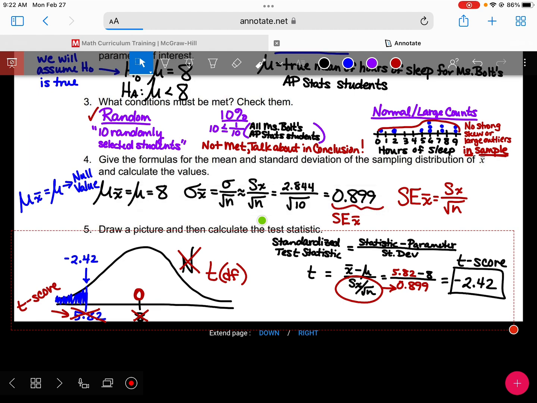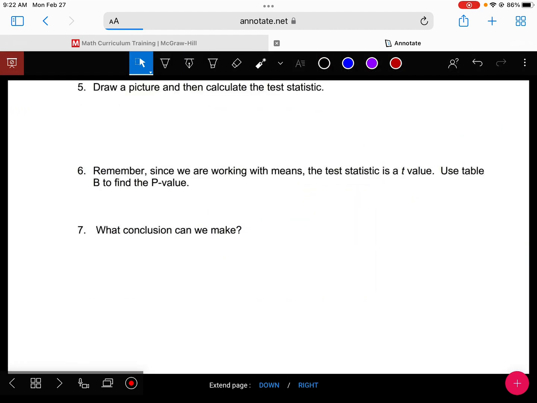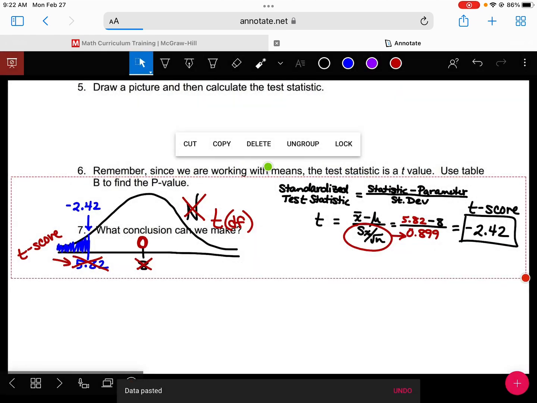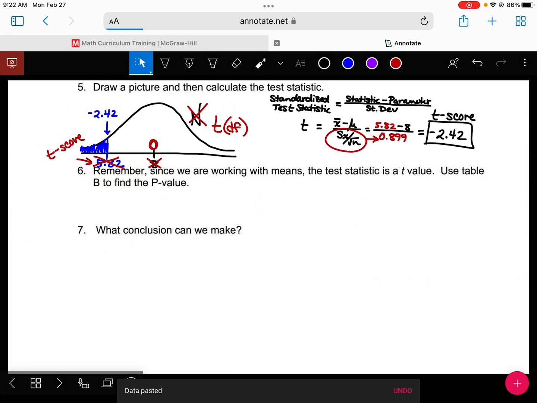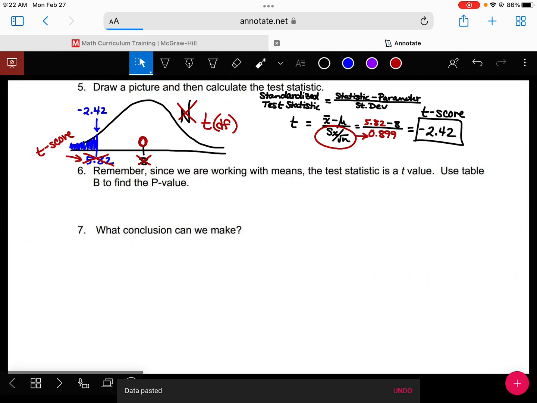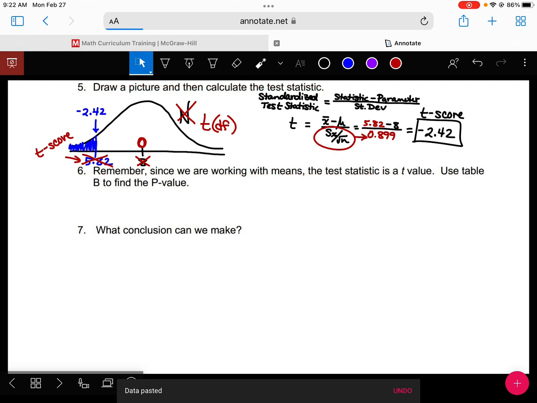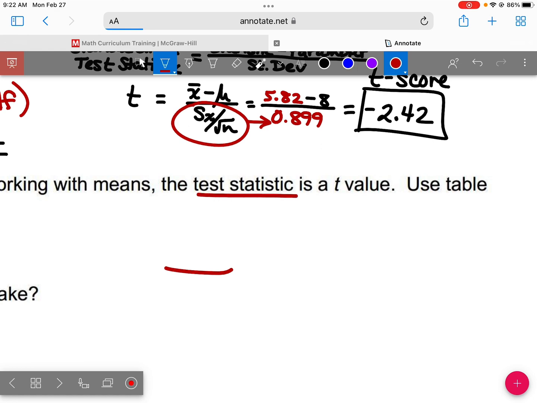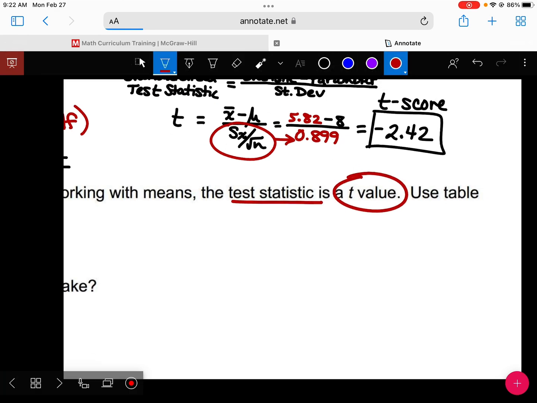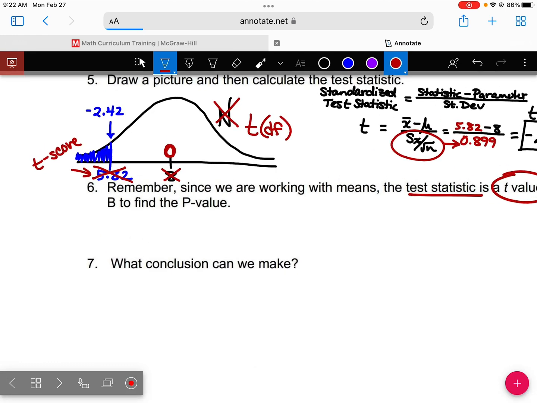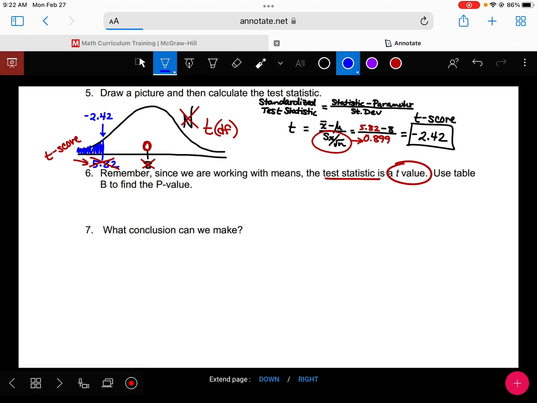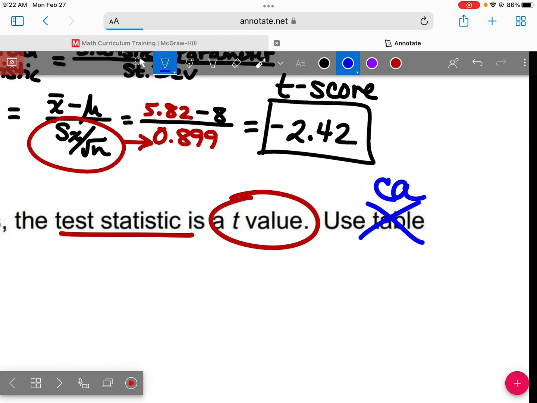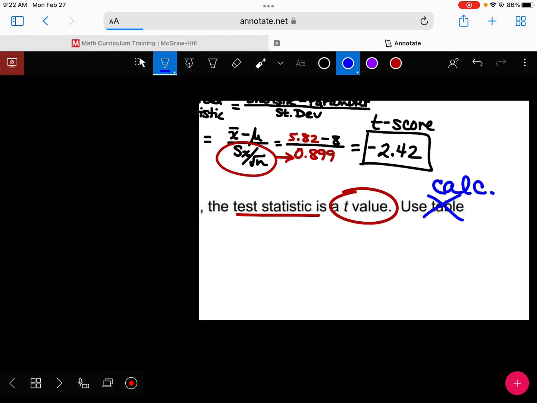All right, so scooting right down the page. Let me get my picture up here. So they reminded us here, our test statistic is a t-value or a t-score. We can use table B, but I'm going to use the calculator. I'll show you how to use table B to do this, but we're going to use our calculator.